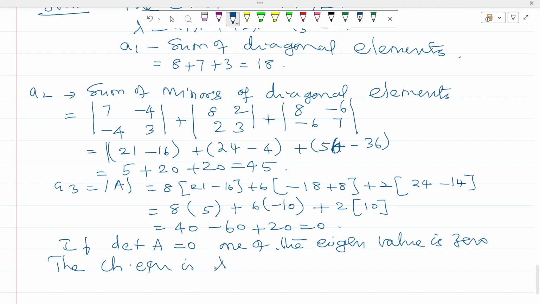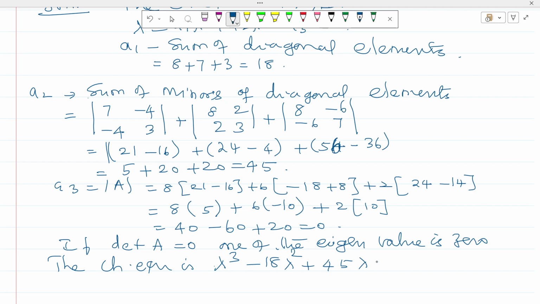The characteristic equation is λ³ - 18λ² + 45λ - A3 = 0.